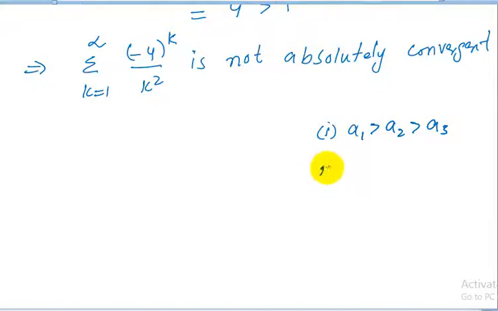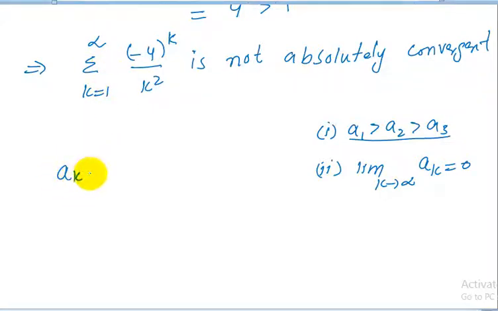And the second condition is that limit k approaches to infinity a_k is equal to 0.